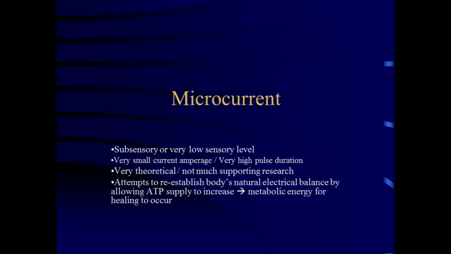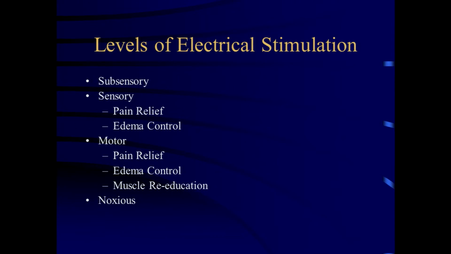The voltage levels are 10 to 20 volts, and you can use lower frequency if you want to sense it, or higher frequencies if you don't want to feel it. Again, there are certain guidelines that people use. Is that clear what we are trying to do? Questions?